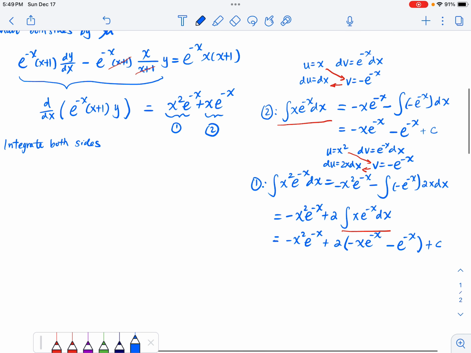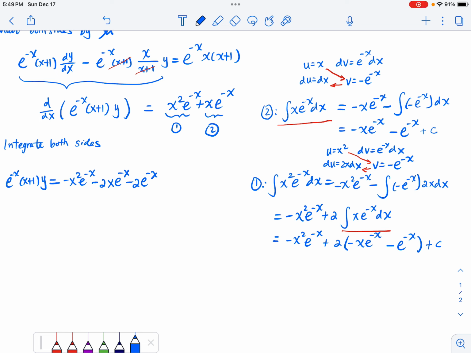Now, so I'm going to find the antiderivative. So I'll integrate both sides now. So the left side, the antiderivative of the left side will be just e to the negative x plus 1, y, okay? And on the right hand side equals, antiderivative of this guy is this whole thing, which is negative x squared e to the negative x minus 2x e to the negative x minus 2 e to the negative x.